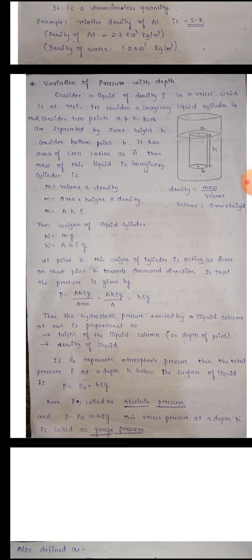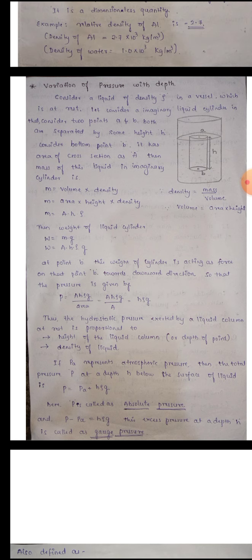Here we have to calculate the pressure at a depth. So we calculate the pressure at point B because B is deeper than point A. B is at a depth of h.